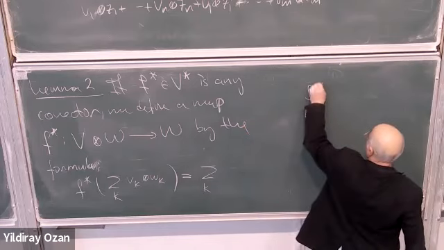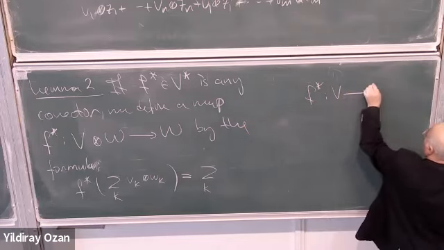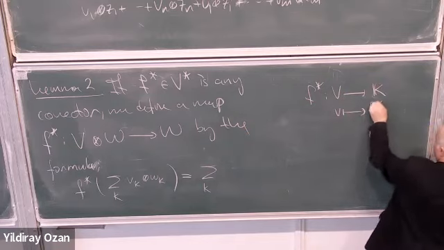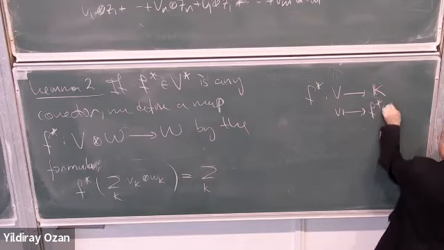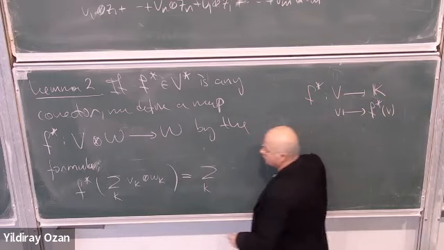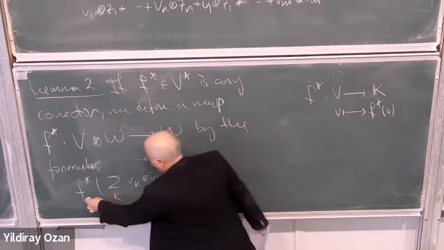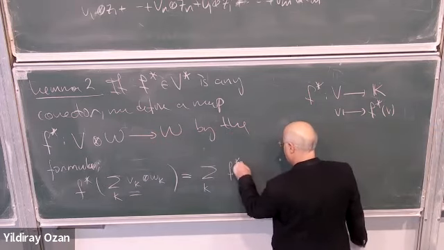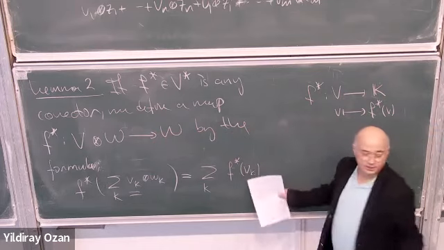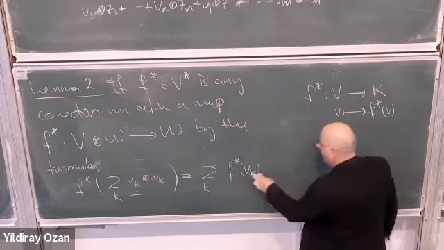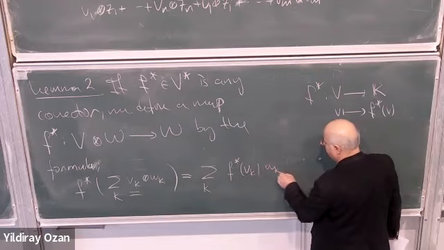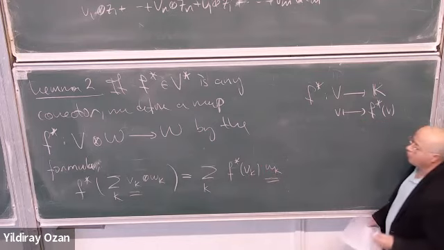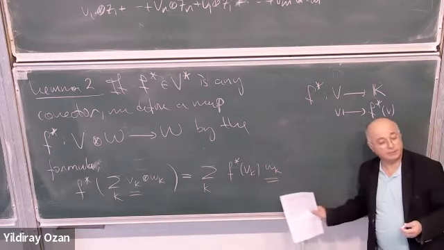F star is a map from V to K. So whenever we have a vector, you just feed F star with it and you obtain a scalar. We feed F star with this vector, obtain a scalar, and multiply that scalar with w_k. It's a scalar multiple of a vector in W. Therefore, this is an element in W.